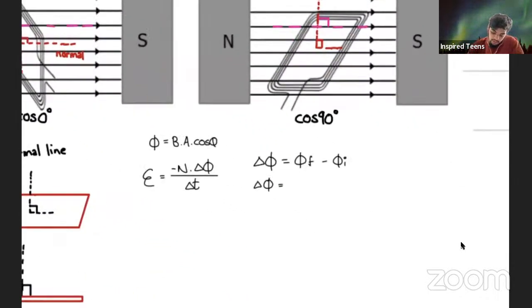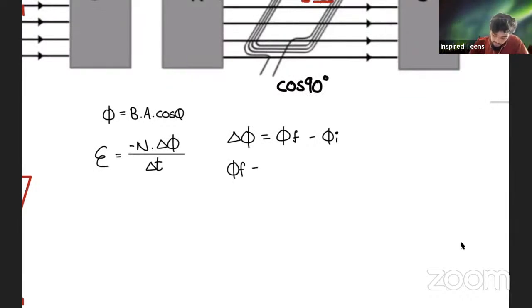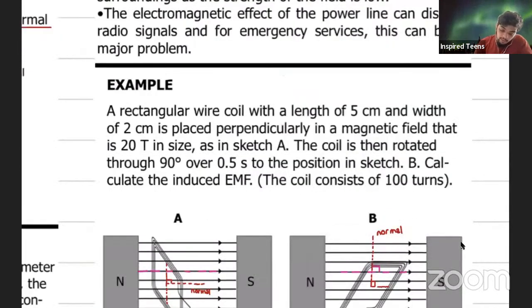Cool. So let's calculate phi final. Phi final is basically at B. At B, the final flux is equal to B, which is given.